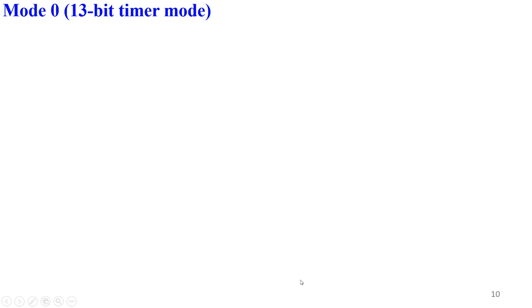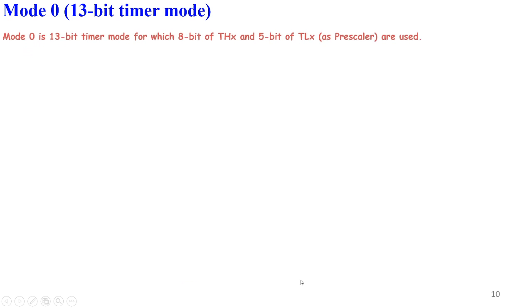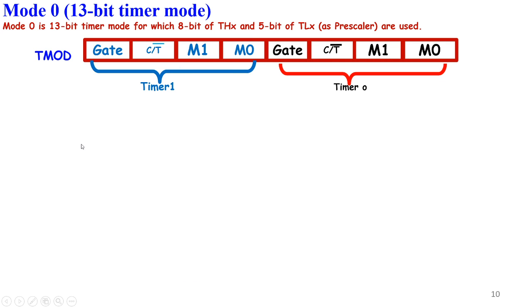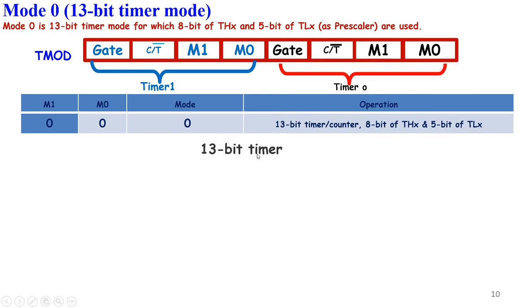Let us discuss the modes in detail. How does timer 0 work as a 13-bit timer? In 13-bit timer mode 0, the TMOD register M1 M0 bits are used like this. So this is the operation of mode 0. The operation is a 13-bit timer.